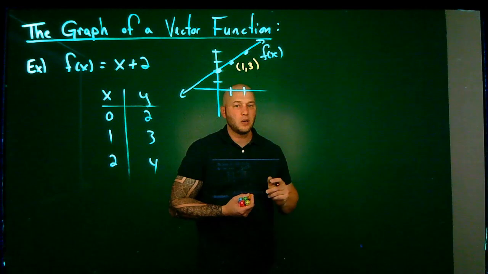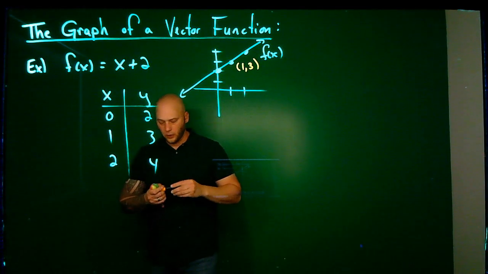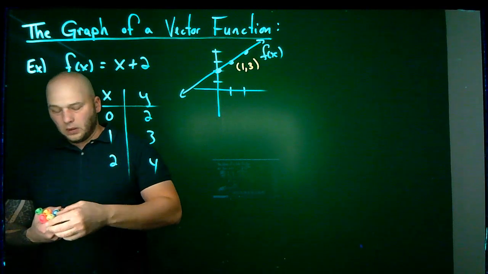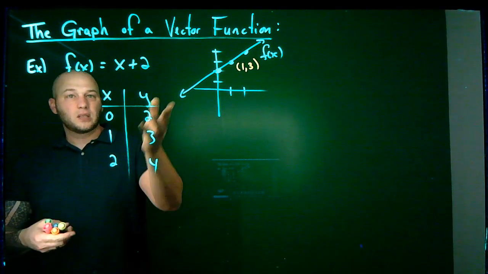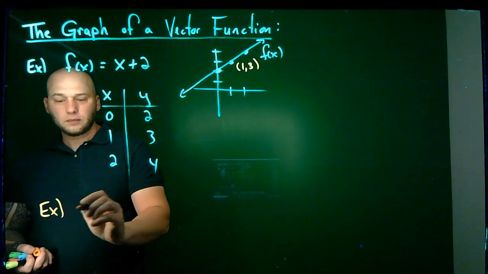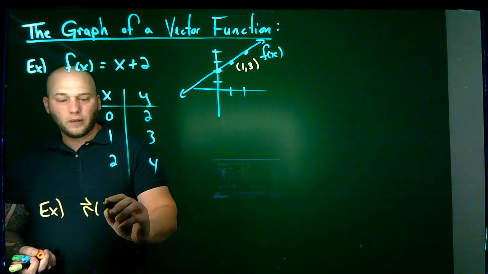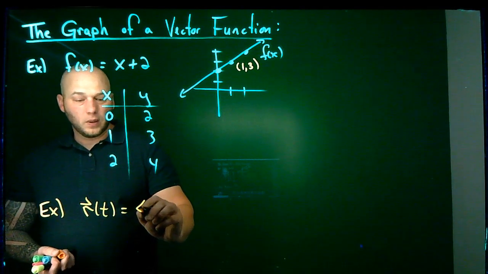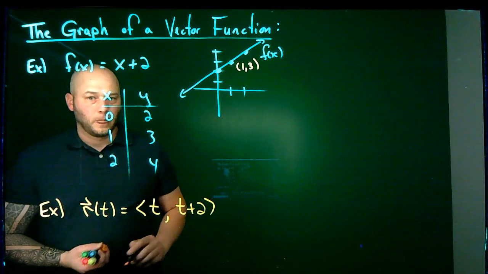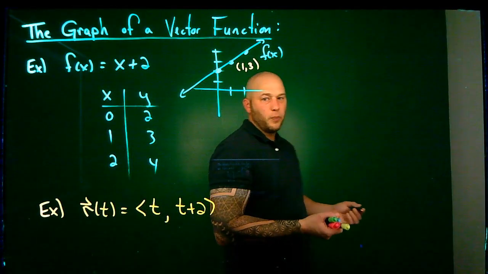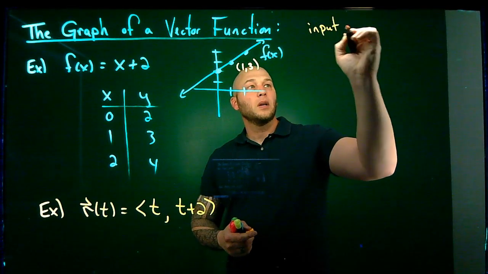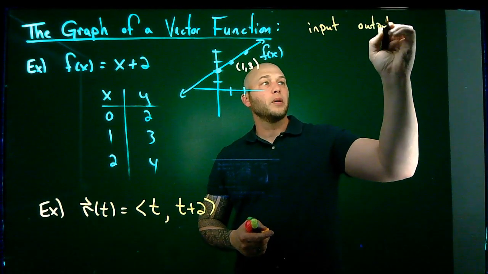So remember that when we start talking about graphs of vector functions, what does a vector function look like? Let's take a look at a very simple example similar to what I just did here. Let's say I give you the vector function r of t is equal to t comma t plus 2. First and foremost, what are the inputs and the outputs?